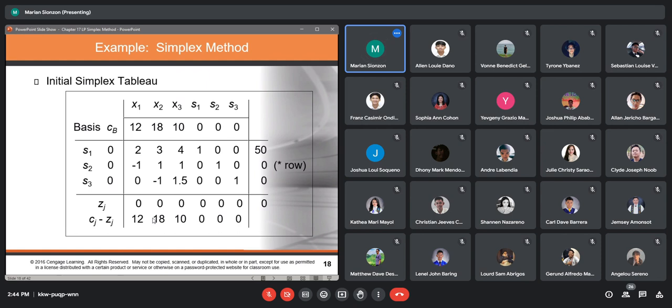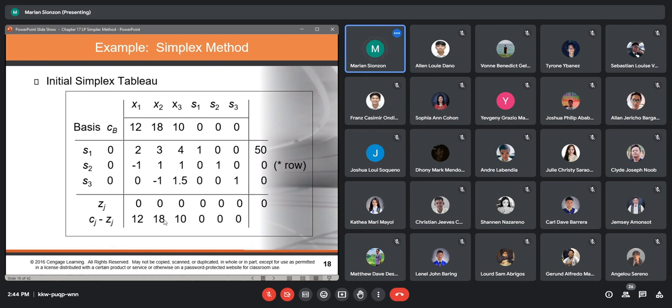Increase, right? If I go instead for x sub 2, what is its contribution? 18 as improvement. So x sub 2 seems better to choose than x sub 1, because x sub 1 only gives me 12 while x sub 2 gives a little higher, which is 18.